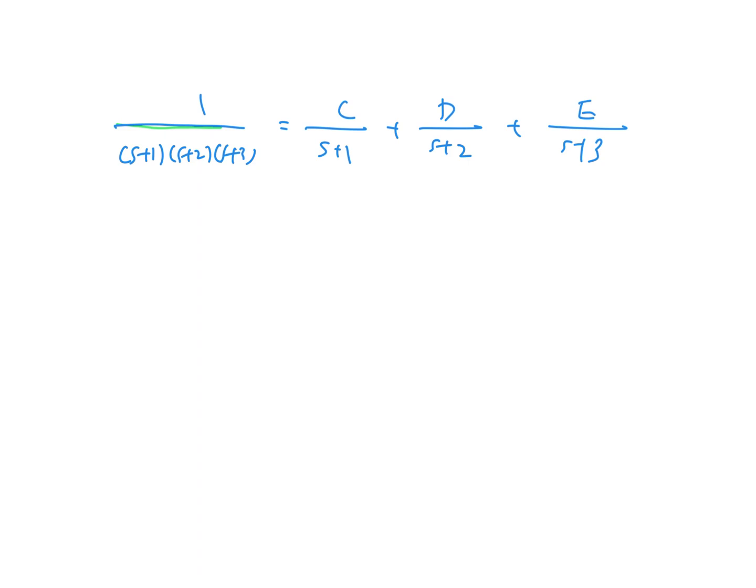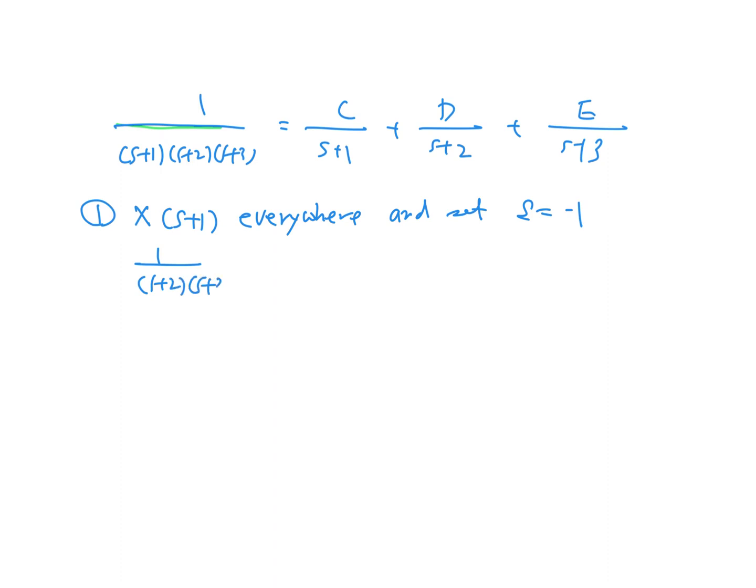So if you'd like to find C, what do you do? Make D and E disappear, right? So you multiply s plus 1 everywhere and set s equal to minus 1, right? So what we have is s plus 2, s plus 3, C plus s plus 1, s plus 2 over D, s plus 1, s plus 3 over E.